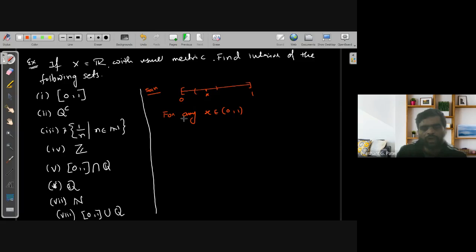So for any x belonging to this, there exists r greater than 0 such that (x minus r, x plus r) is a subset of the closed interval 0, 1.